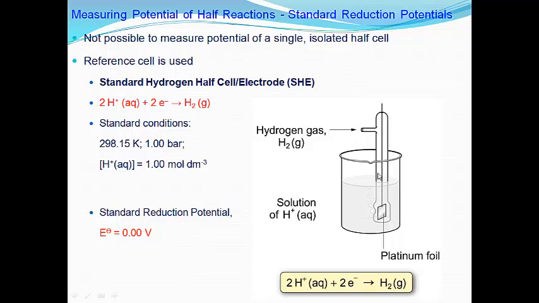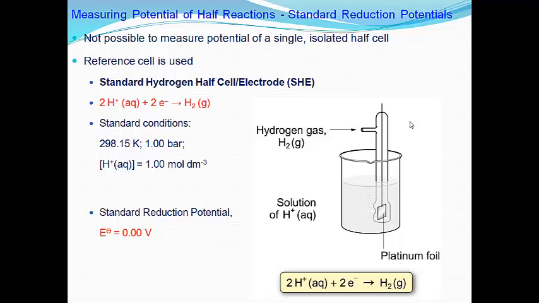So what is essentially happening in this case? We have the reduction of H plus ions to give us H2, as depicted by this equation: 2H plus plus 2e to give us H2. The cell potential for this hydrogen half cell is referenced at a value of 0 volts.